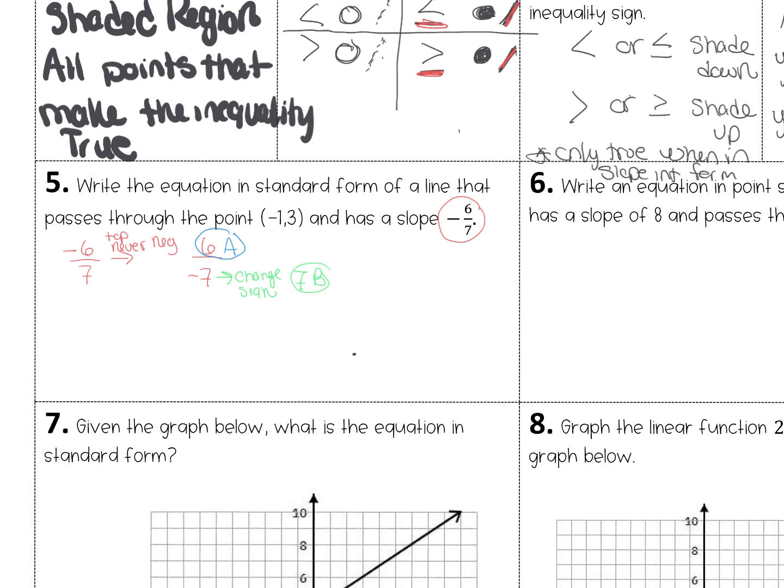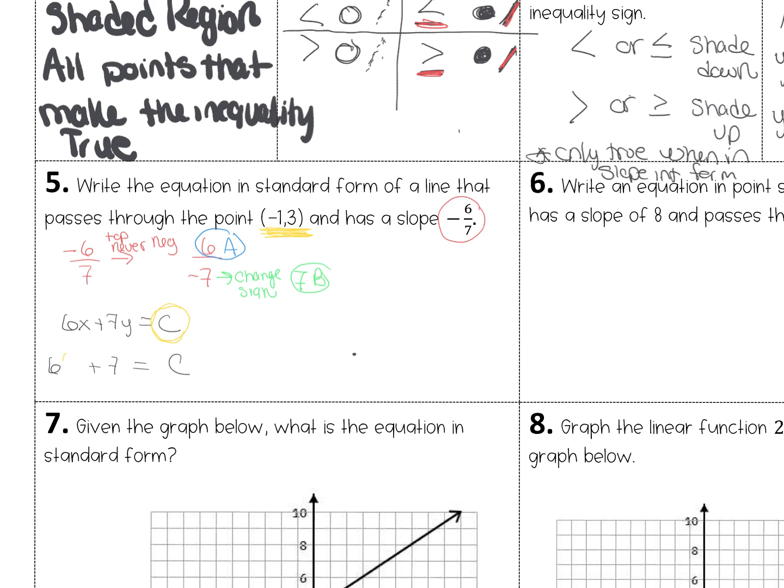So now we can write our equation: 6x plus 7y equals C. And it's the C right here that feels weird. So you use the point you were given and plug it in for the x and y. So I have 6 and my 7.